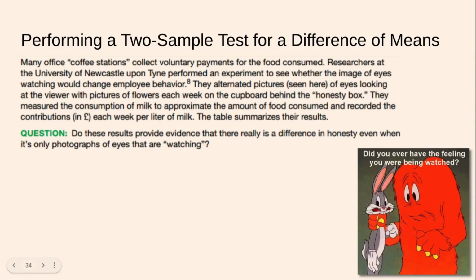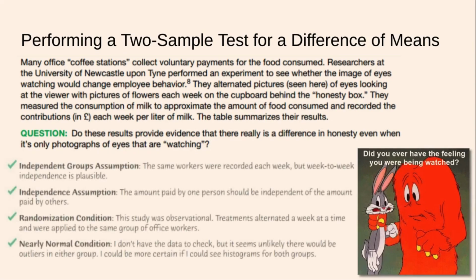So let's check off some conditions and assumptions before we go on. We have the independent groups assumption. The same workers were recorded each week, but week-to-week independence is plausible. Fine, fair enough. We'll just take our results with a grain of salt. We can more or less assume independence.